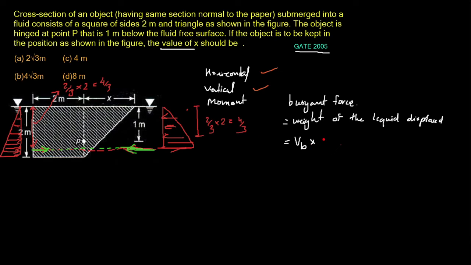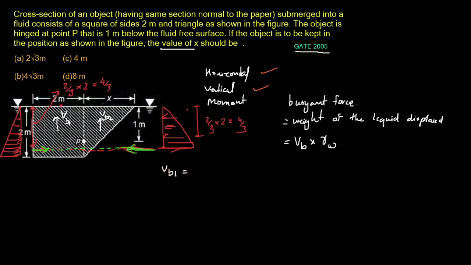Here it is water, so gamma W. So if we consider this body as a composite shape, we will consider this as a square and a triangle. For the square part, there will be a vertical buoyant force, let's call it VB1, and for the triangle part also, it will be VB2.